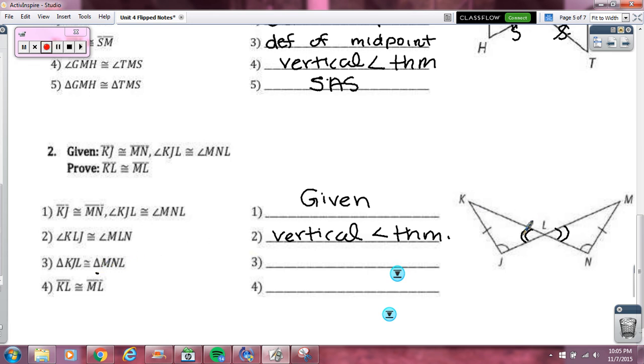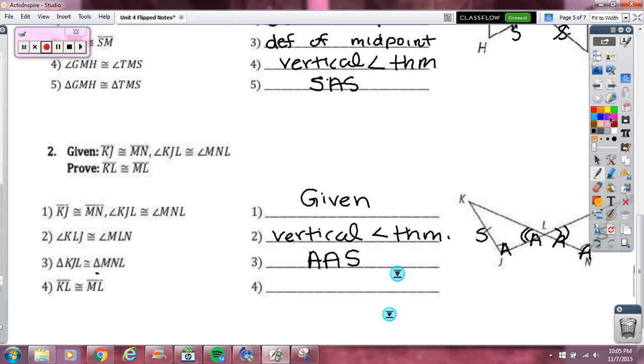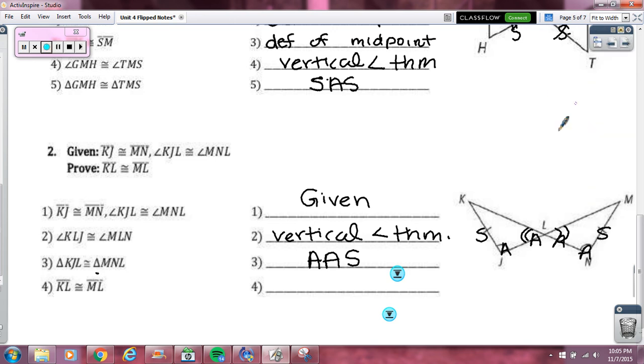If I look at what they have in common, I see an angle, a side, an angle, a side. So that's why the two triangles are congruent. Now that I know the triangles are congruent, I can say everything about them is going to be congruent, all their matching pieces. So KL matches up with ML. Since the triangles are congruent, those sides have to be congruent by CPCTC.